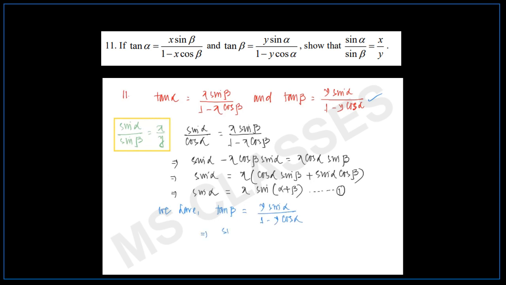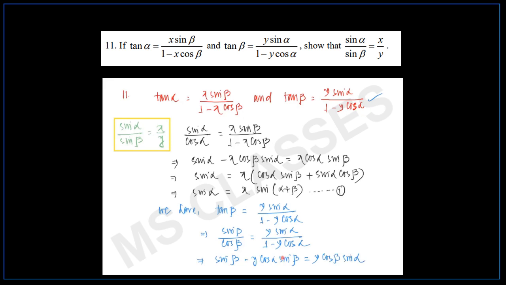So this gives us sin beta by cos beta equal to y sin alpha by 1 minus y cos alpha. Now if we cross multiply, sin beta minus y cos alpha sin beta equal to y cos beta sin alpha.